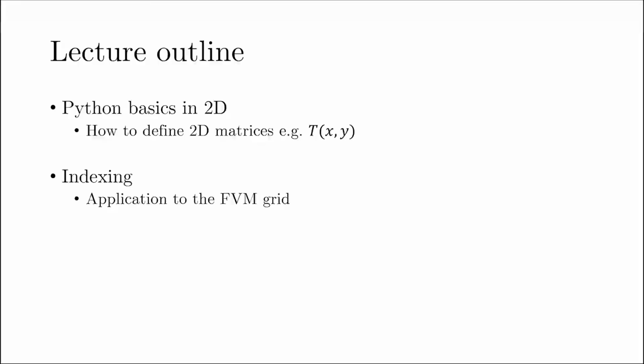The lecture today is to give you an idea of the coding prerequisites in order to simulate the problem. The final bit of the lecture is about indexing, a very important topic, as to how you can define the indexes in your 2D matrix. And finally, we are going to talk about how the indexing would be related to the FVM grid.